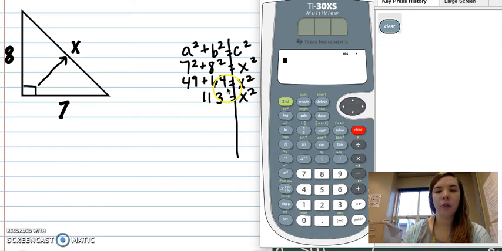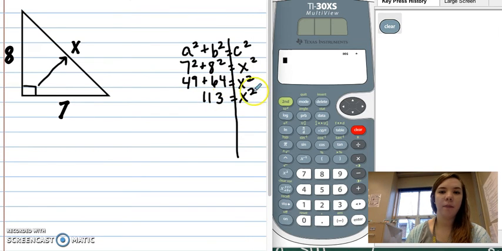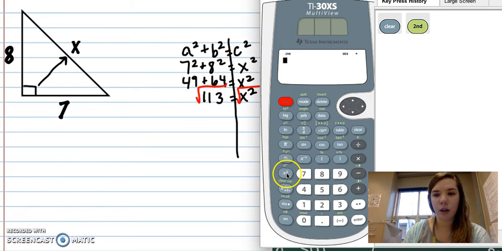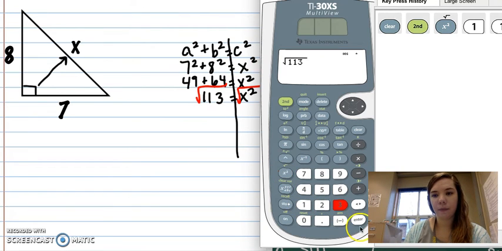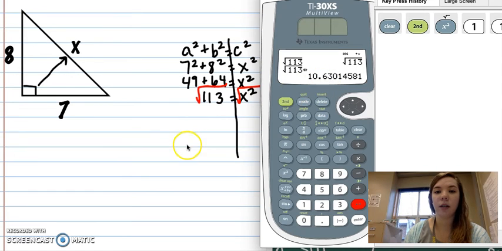From here, I don't know the square root of 113 off the top of my head. We are going to square root, so I'm going to use my calculator. So second, and then this button next to your 7, 113. And if it gives it right back to you, you have to click your toggle button for your decimal, which is right above enter. So I'm going to go ahead and round to the nearest tenth. Let's do 10.6.